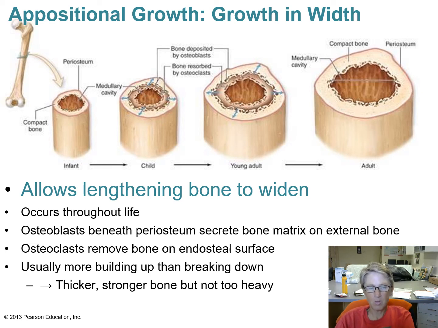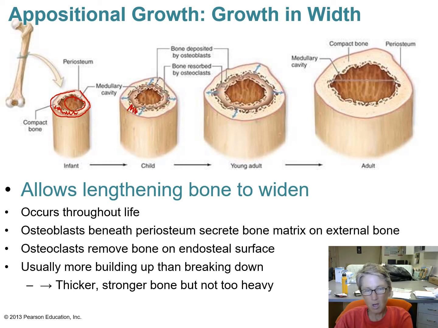Appositional growth, like we just said, allows a bone that's getting longer to also get wider. This just shows a cartoon. We were looking at the same thing on the last slide, but here's the medullary cavity. Remember, this periosteum is the connective tissue covering on the outside, and this is all compact bone. It's got a certain thickness as an infant, and then look how it gets thicker.